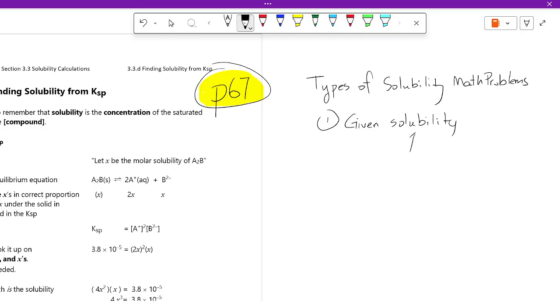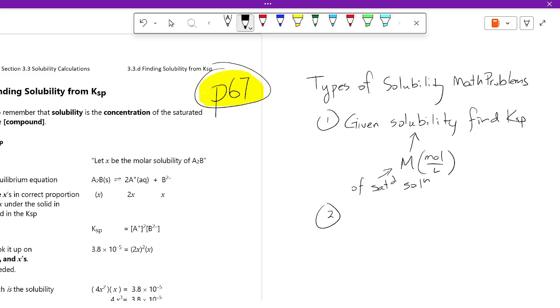And remember, what is solubility? The maximum amount of solute that can be dissolved in a given volume. So the unit is moles per liter. So given the molarity of a saturated solution, find the KSP. We did that one yesterday and the day before, yes? And you practiced that for homework, hopefully.